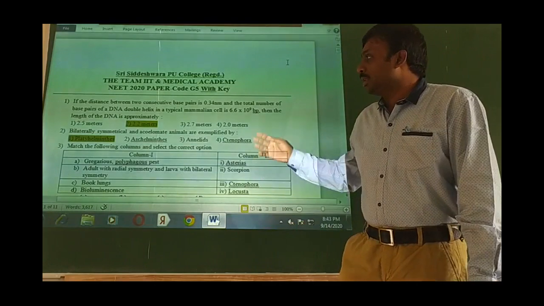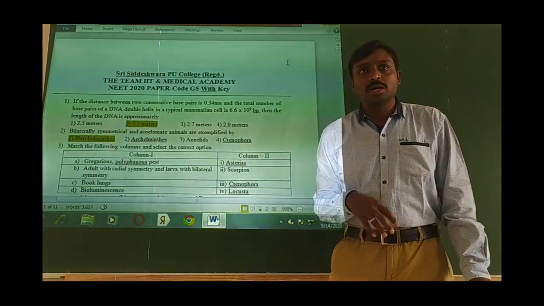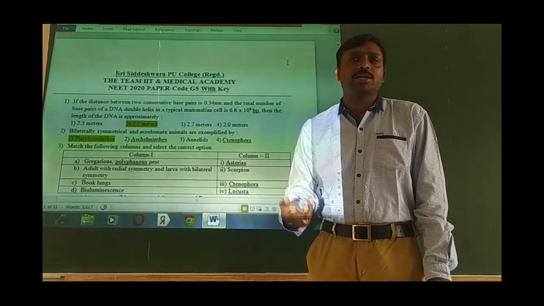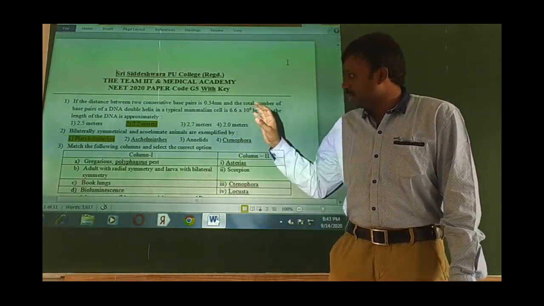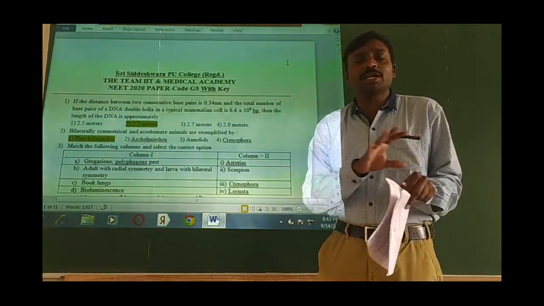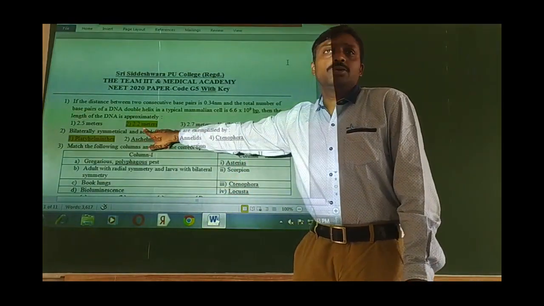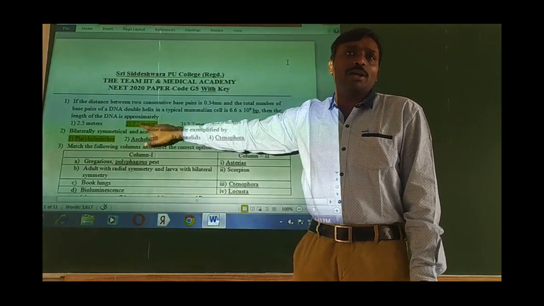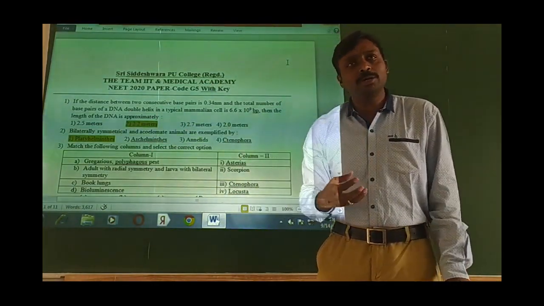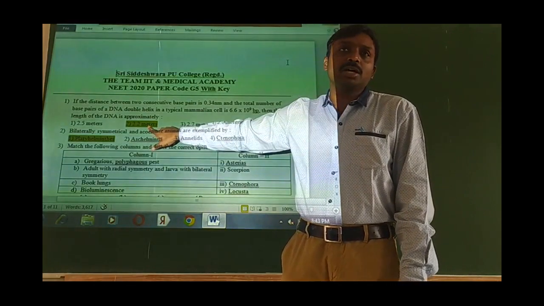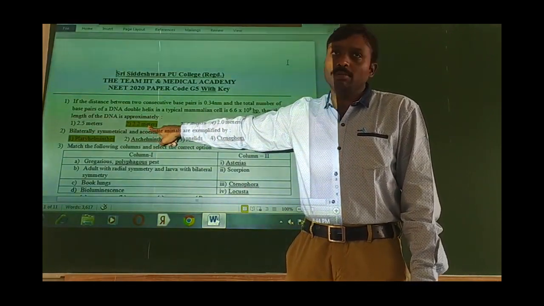This question is basically from our cell biology, or a molecular biology question. This point is very clearly mentioned in our NCERT textbook, and the answer will be 2.2 meters. In a mammalian cell, the approximate length of DNA will be 2.2 meters.